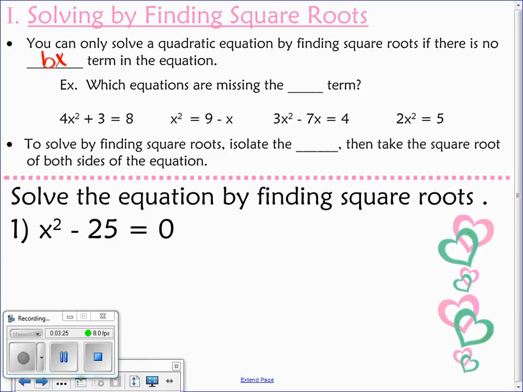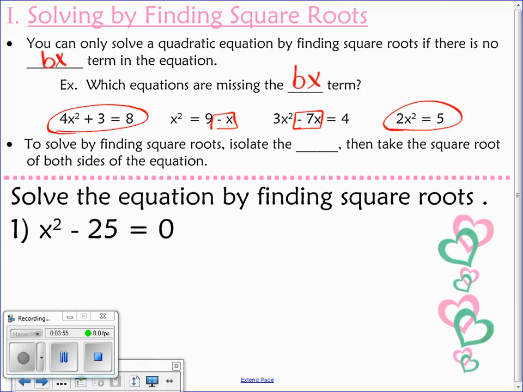So which equations are missing the bx term? There's 4 equations up here. Which one's missing the bx? Good. This first one's missing it, because that's part of your C term, right? Those would go together. And the last one, good, that's missing the bx. Here's the bx in this one. Here's the bx in that one, okay? So if it's missing the bx, then we can go ahead and use this new method.